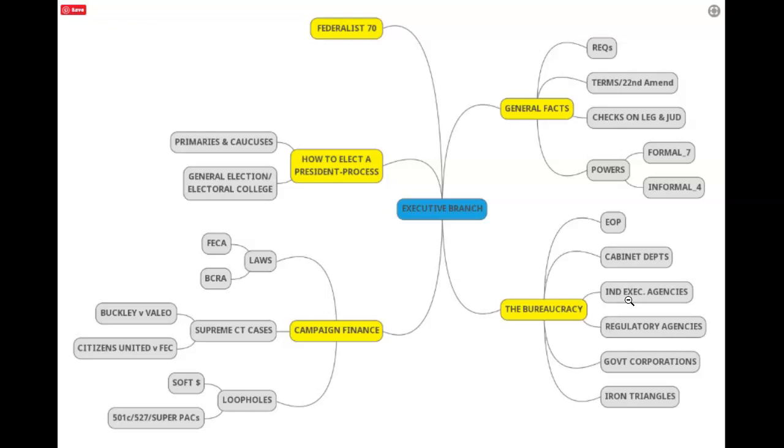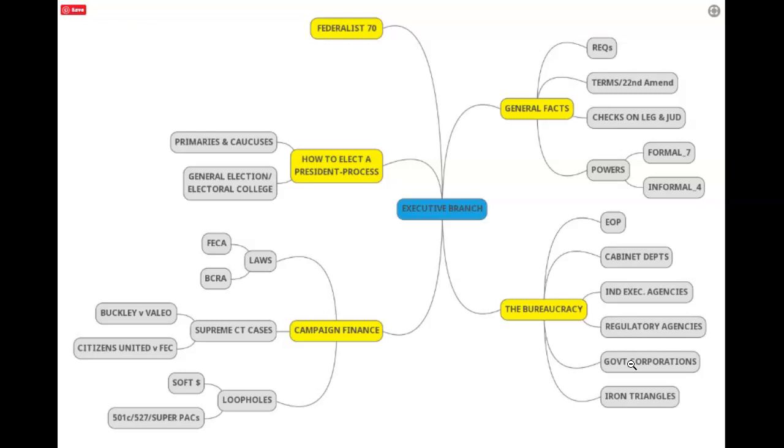What are some examples? What's a regulatory agency? What's its role? And what are some examples? And what kind of power does it have that's different from any other agency or organization in the government? And then finally, you have government corporations, businesses run by the government for various reasons, such as Amtrak and the post office.